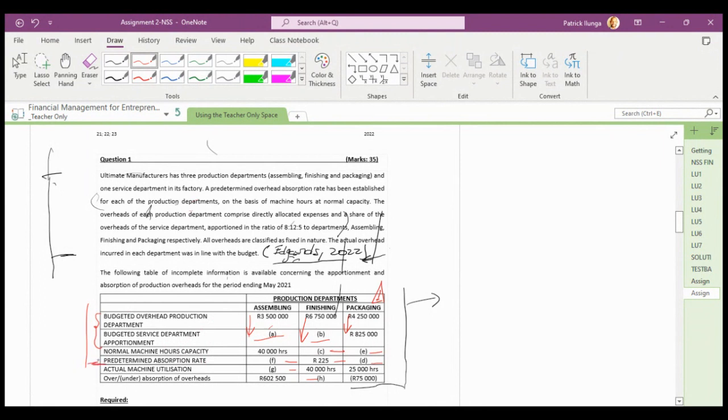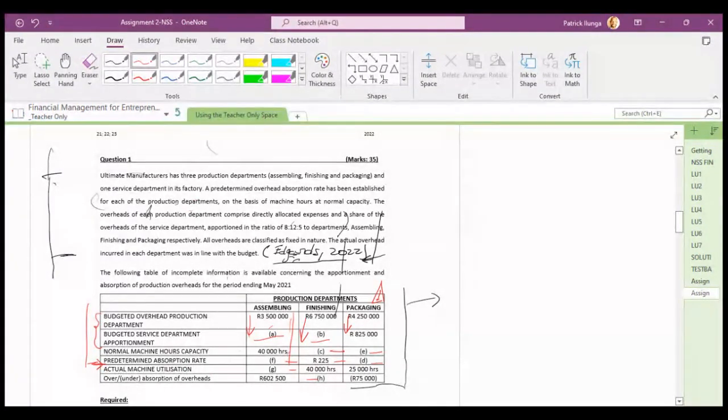And if you see here, if you see this line, you can see that everything that is required here to solve anything here is within this place. All right, because you have what is budgeted and you have the actual machine utilization.